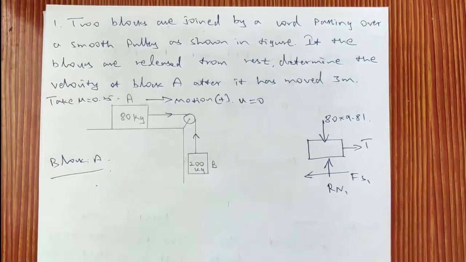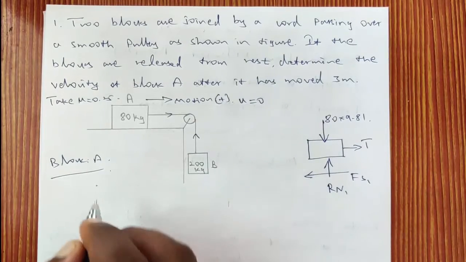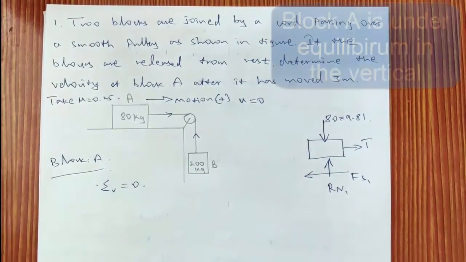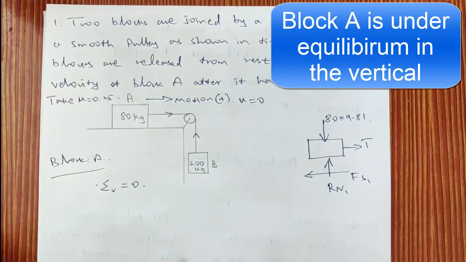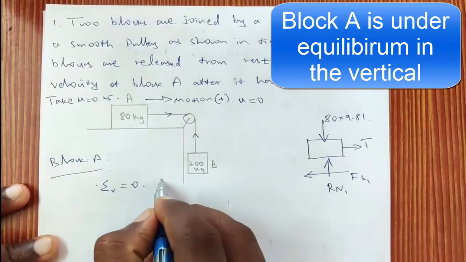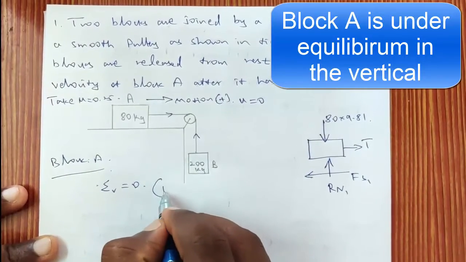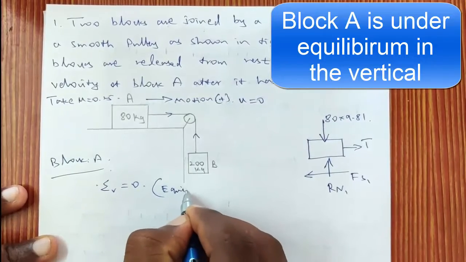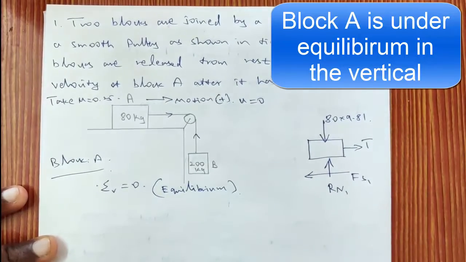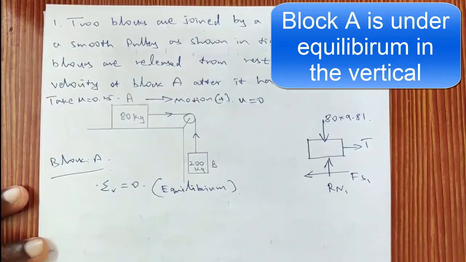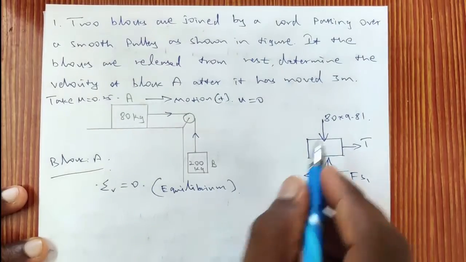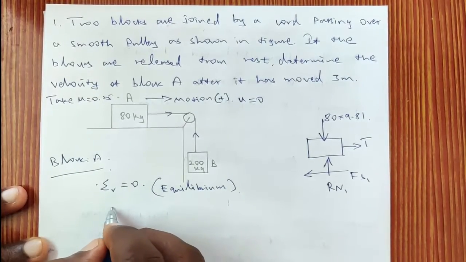Now first we'll write summation of vertical forces is equal to 0. The body is at equilibrium in the vertical direction, that is why the summation of vertical forces is equal to 0. The body will not move in the vertical direction. Now, the 80 into 9.81 is acting in the downward direction.